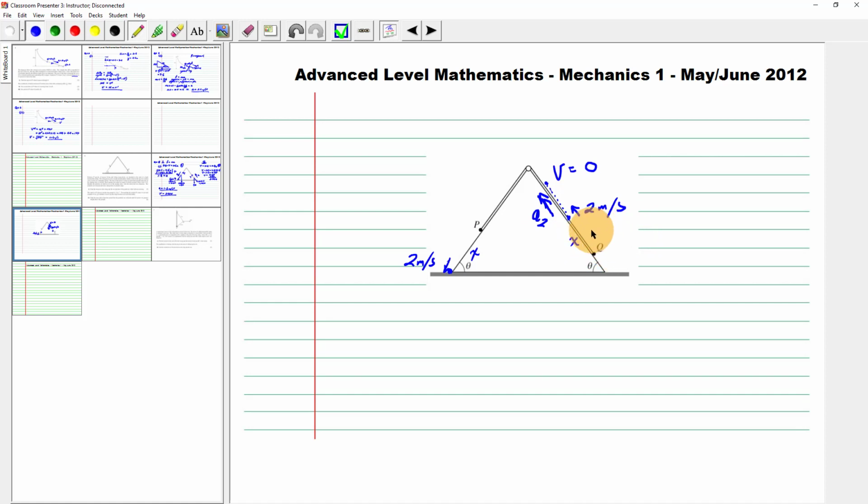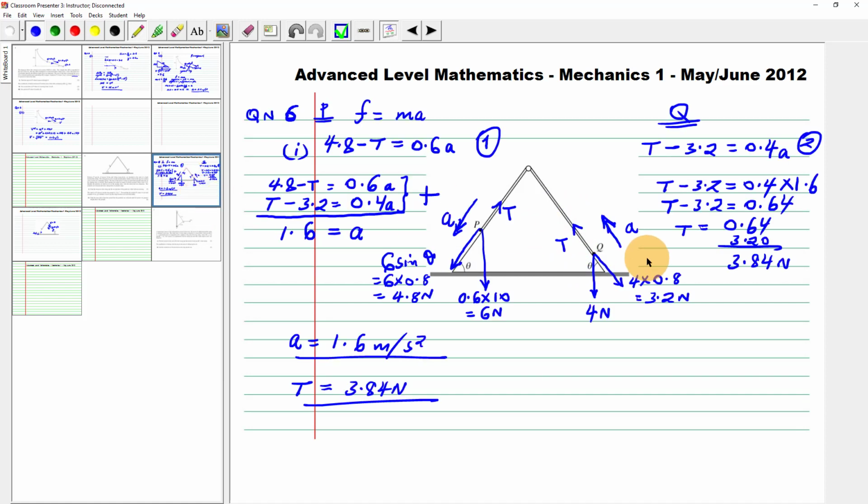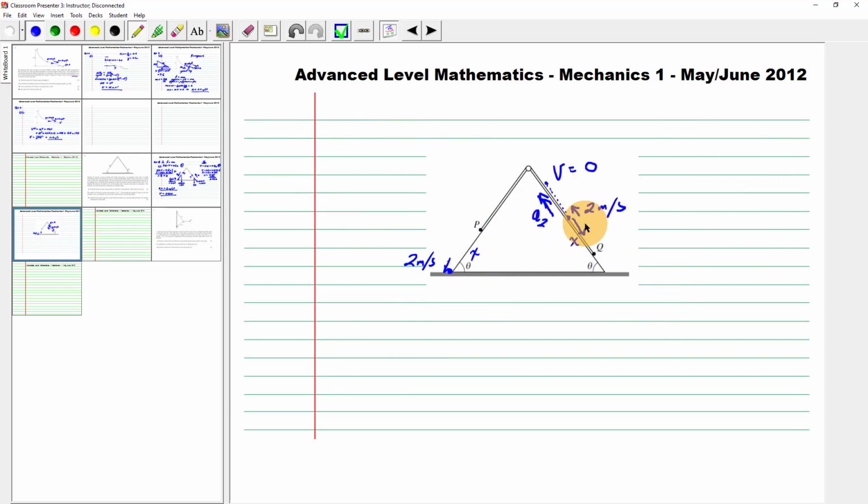So let's see what we have. At this point, we've still got the component of its weight down the incline, and I think we worked it out here, we got it to be 3.2 newtons. So this will be 3.2 newtons, and it's going that way.